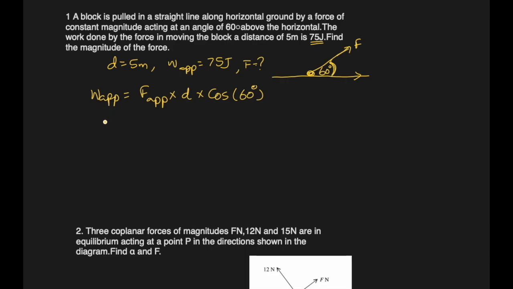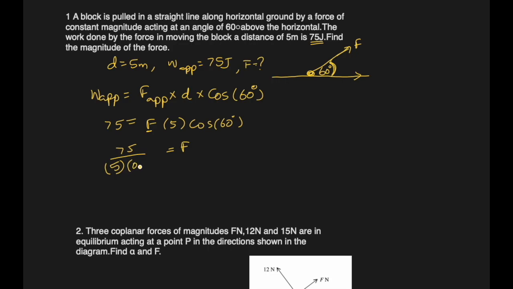So we'll just replace the values now. 75 joules is equal to force applied F, distance is 5 meters, and cos 60 degrees. So F is the only unknown here. We can write that F is equal to 75 divided by 5 and cos 60 is half.